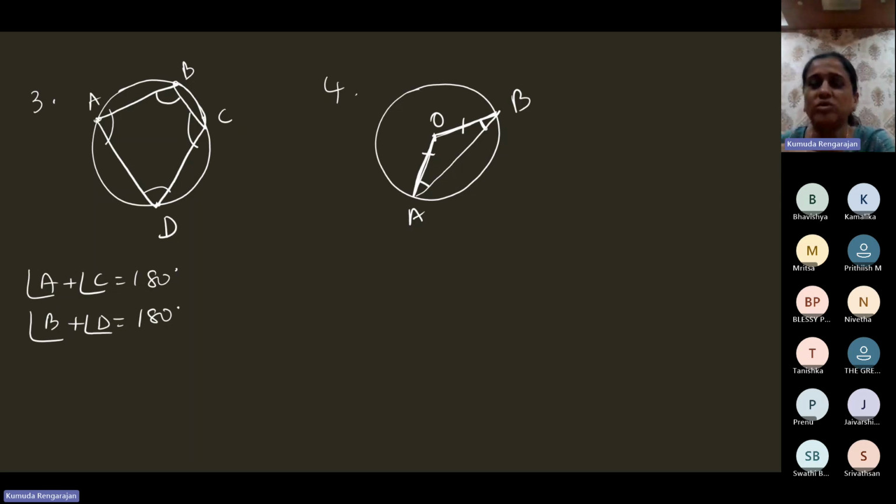We have a few more, like equal chords subtend equal angles at the center. Now, we'll not do everything. I'll just tell you a few now. These are enough to solve the numericals which I have in this presentation. There are a few other theorems which we need to recall. We'll see that in the next class because I don't want to do too much of it today. And then we'll just see whatever is needed for today's class.